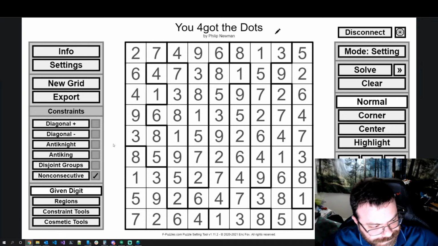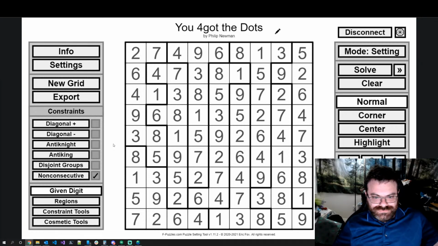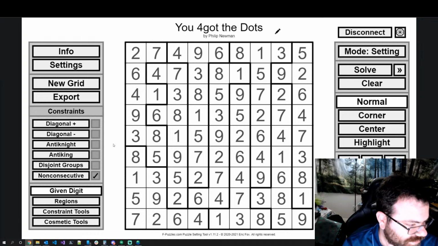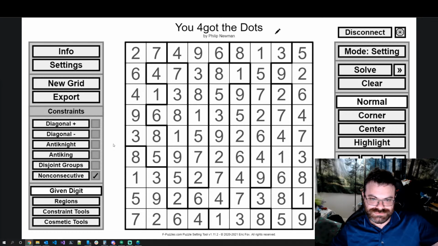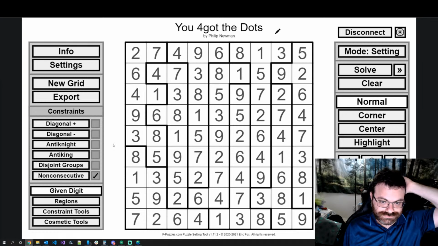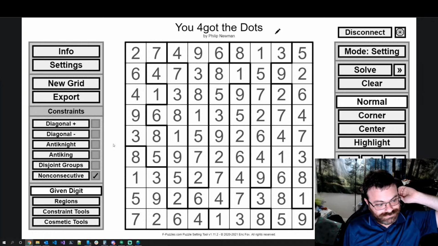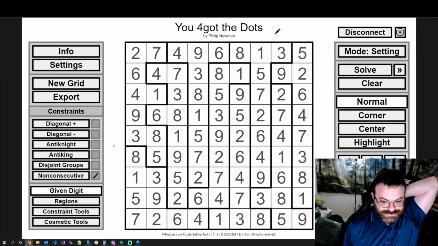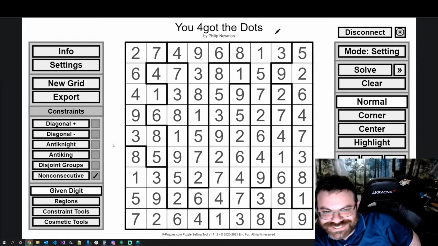You can't color it. There's no good strategy. It's just insane amounts of bifurcation. In 5 years, Simon will be solving one of these? I don't know.